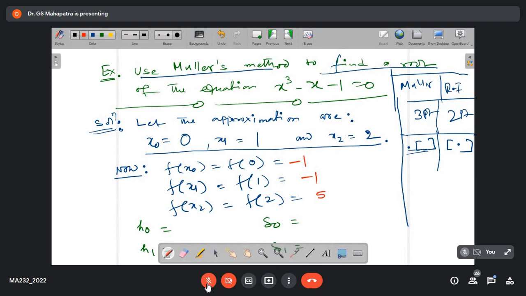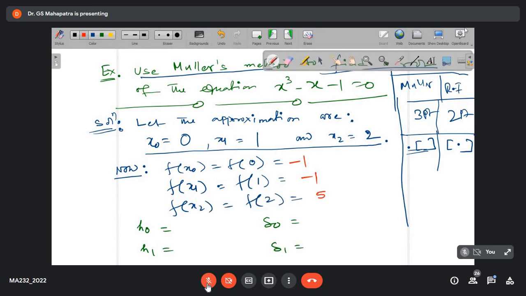Fine. Now h naught. Do you know the formula or not? x1 minus x naught. x1 minus x naught is 1. And h1 is x2 minus x1, which is 1. Fine. What is the value of del naught? f of x1 minus f of x naught divided by x1 minus x naught.